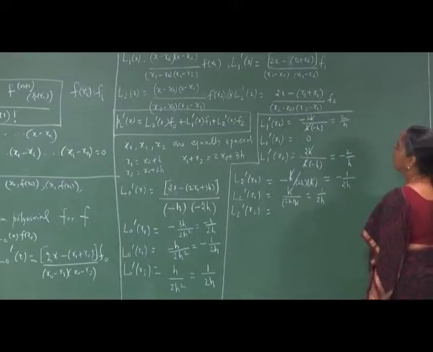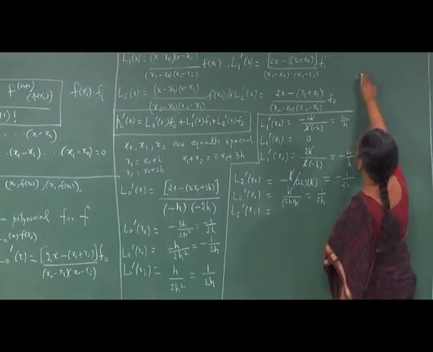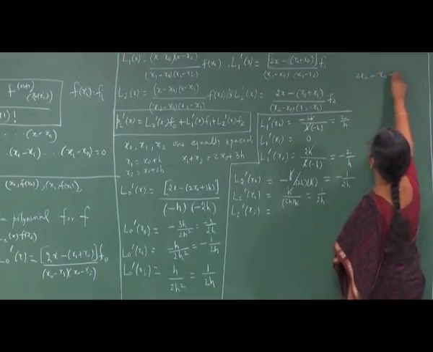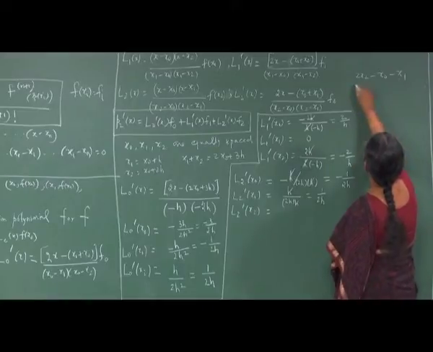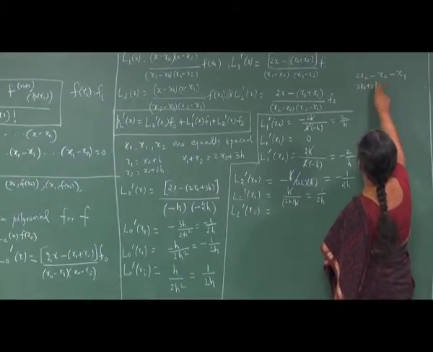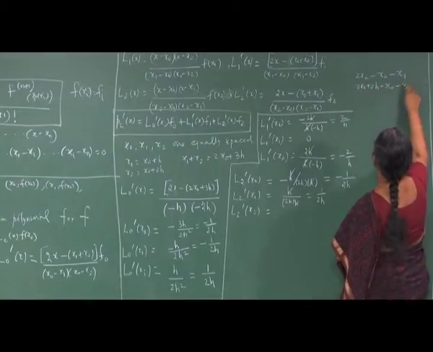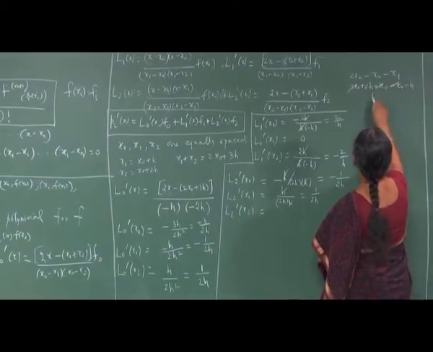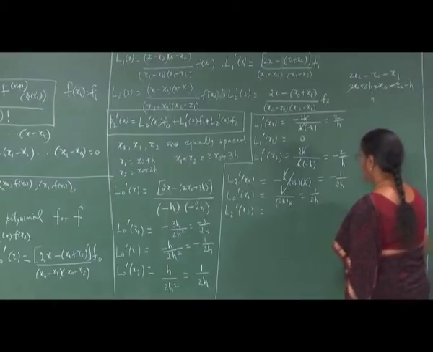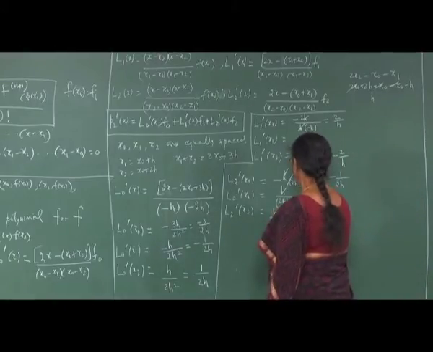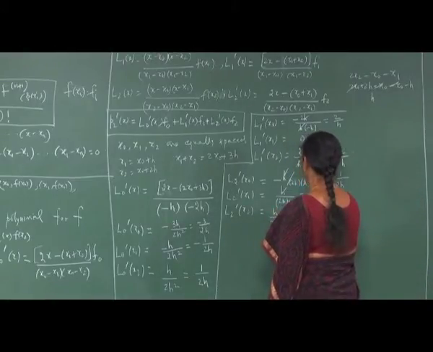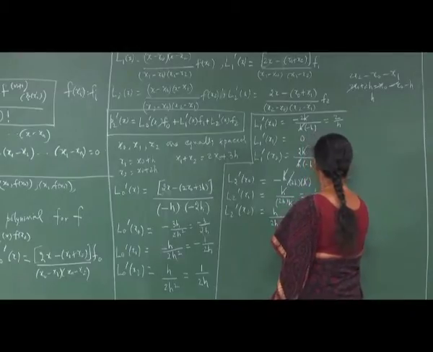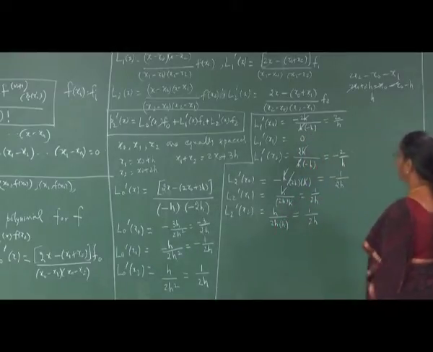What is L2 dashed at x2? 2x2 minus x naught minus x1. So, it is 2x naught plus 2h minus x naught minus x naught minus h, which gives you h. So, h divided by 2h into h gives you 1 divided by 2h.